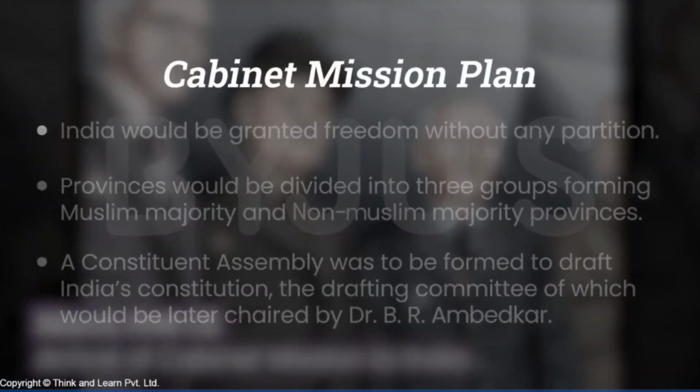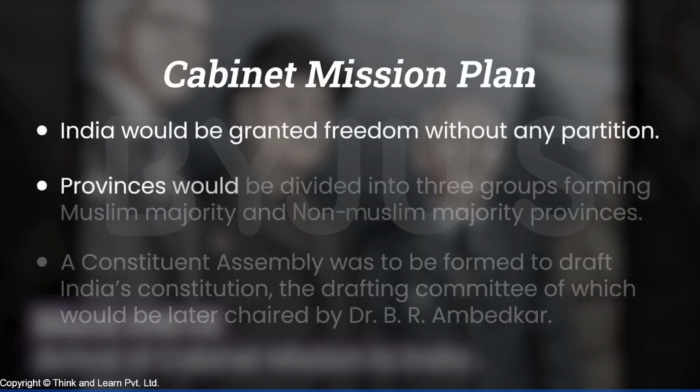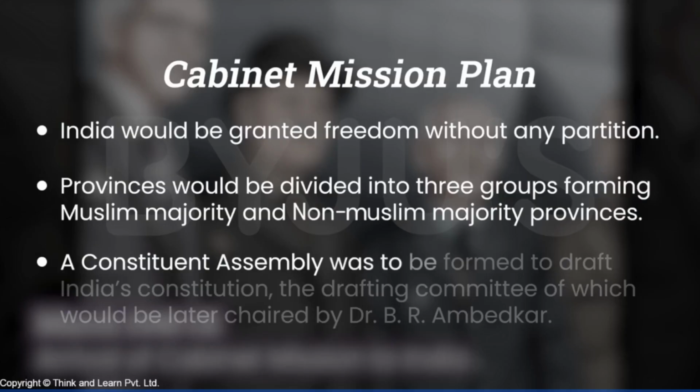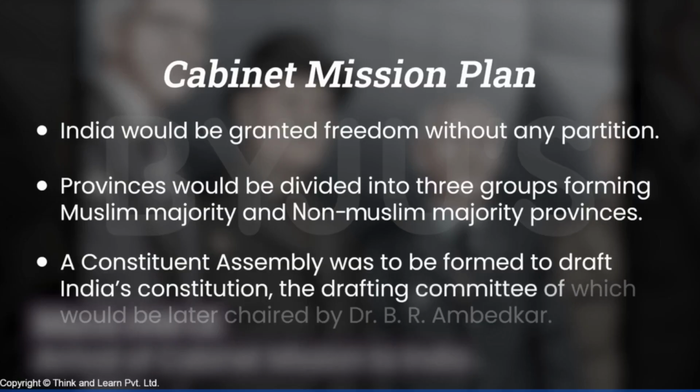As per the plan, India would be granted freedom without any partition, and the provinces would be divided into 3 groups, forming Muslim majority and non-Muslim majority provinces. A constituent assembly was also to be formed to draft India's constitution, the drafting committee of which would be later chaired by Dr. B.R. Ambedkar.